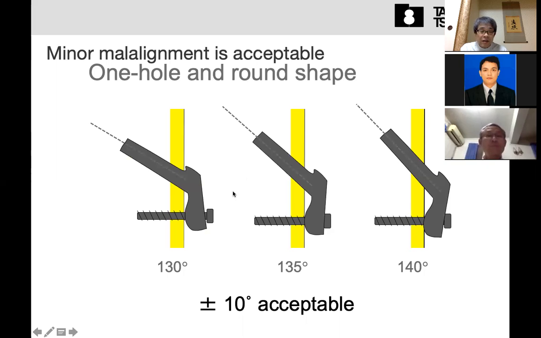So I made the surface of this plate a round shape. Thanks to the round shape, we can accept some minor angular divergence, around plus or minus 5 degrees. Plus or minus 5 degrees is acceptable due to this round shape.